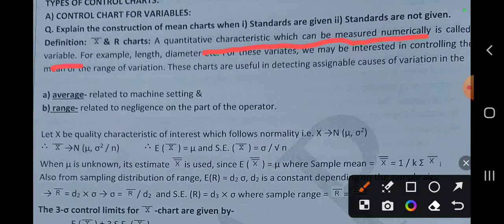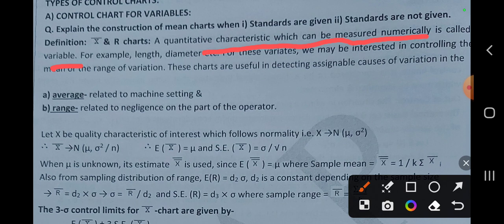For example, length, diameter, weight. All these are quantitative characteristics which we can measure. Weight can be measured in kg, gram, etc. For all these variates we may be interested in controlling the mean and range of the variations.